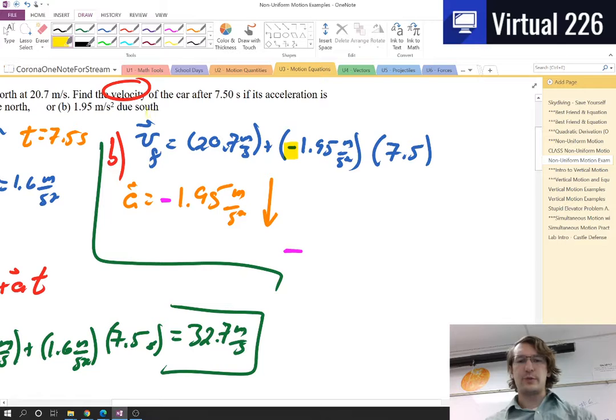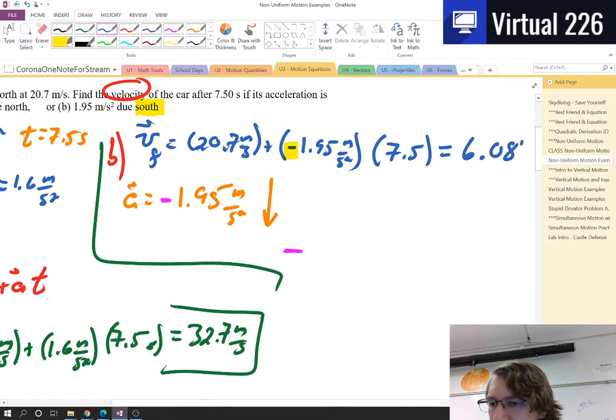We're going south with this acceleration this time. It's a negative value. So if we multiply all this together, 7.5 times negative 1.95 gives us negative 14.6 something, plus 20.7 gives us a final velocity of, let's say, 6.08 meters per second.